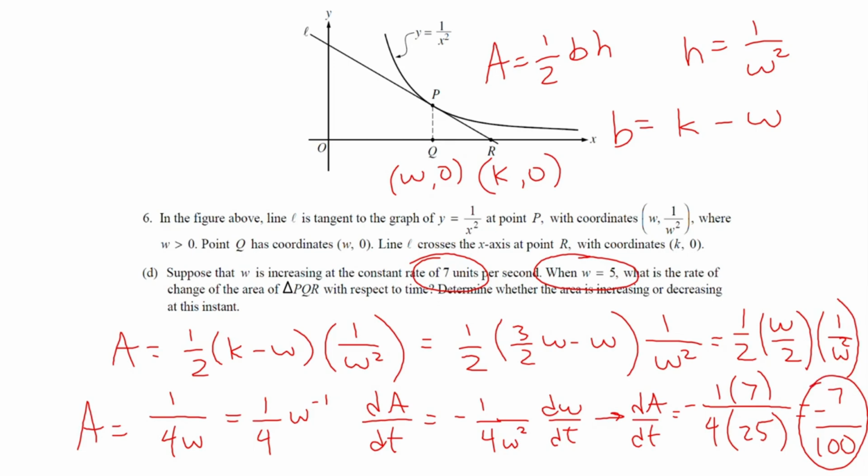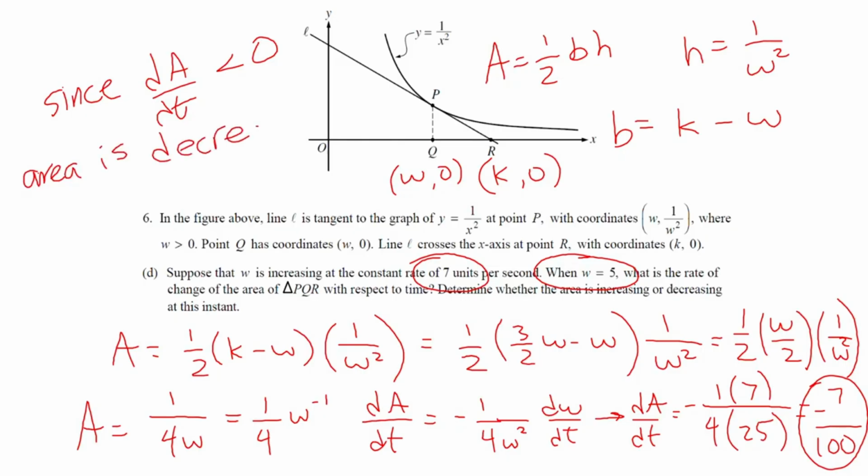And we'll note that since dA/dt is less than 0, the area is decreasing. And that ought to get us all of the points here for this. They gave you 4 points here. 1 for the area formula, whether you simplified it or not. 1 for taking the derivative of dA/dt implicitly, correctly. 1 for getting this value of -7 over 100.